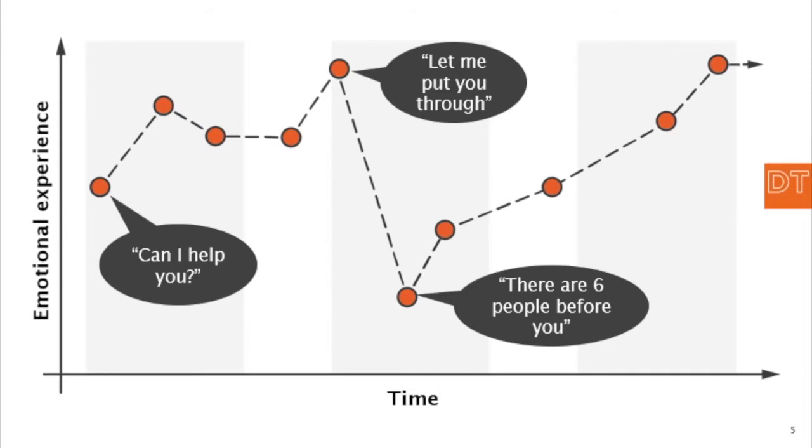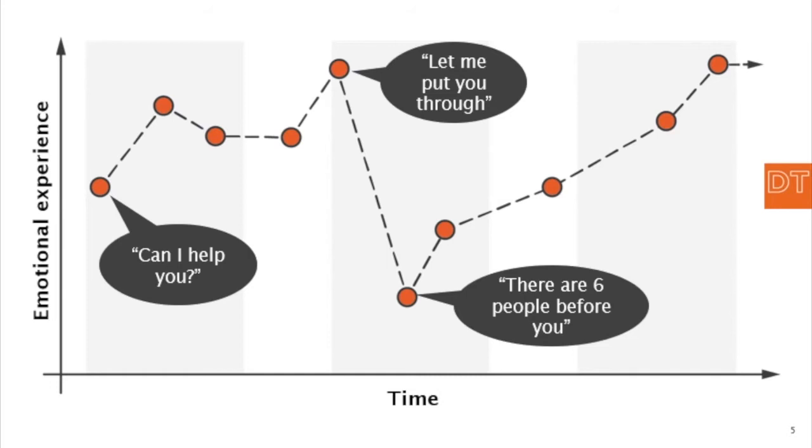And so you map in a customer journey the touch points, the things that occur and that happen, and what that implies for your emotional feelings, your emotional well-being. So what happens in the example you see right in front of you here is that in the middle, this person is saying, let me put you through to a specialist of our company.